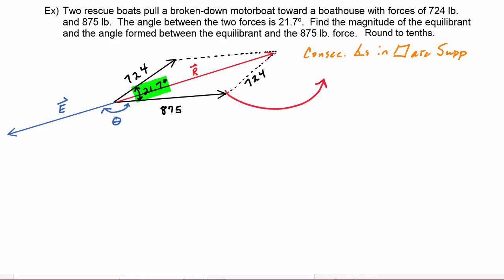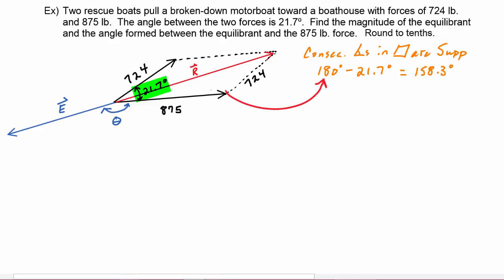So that means we can do 180 degrees minus 21.7 degrees to find out that that's going to be 158.3 degrees.